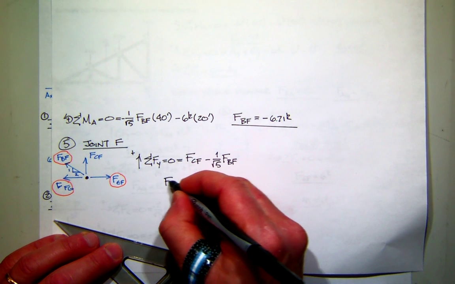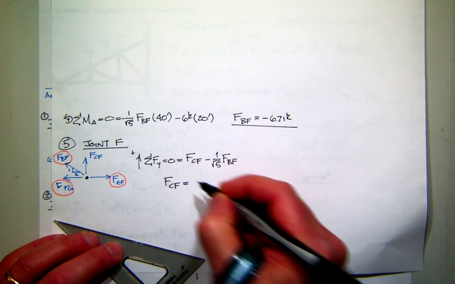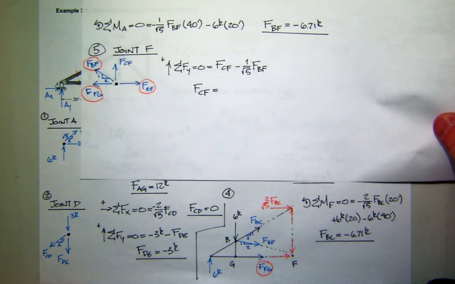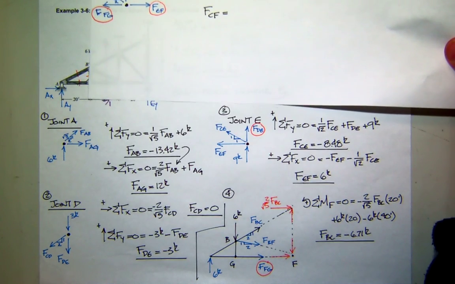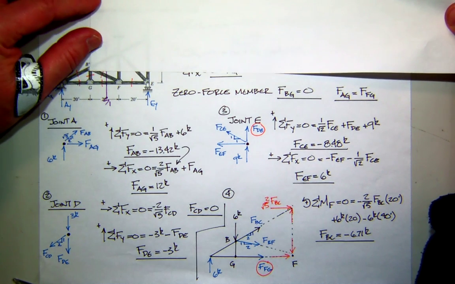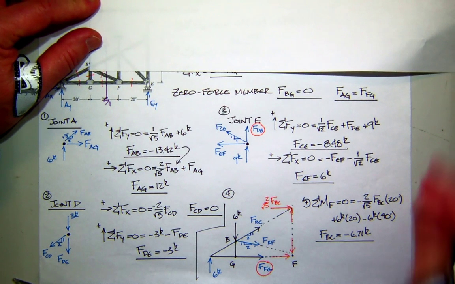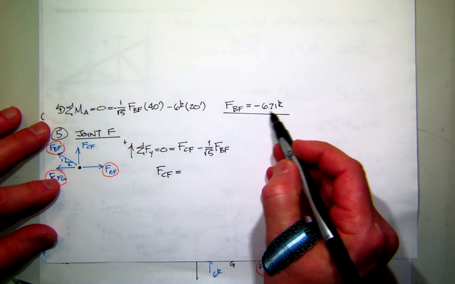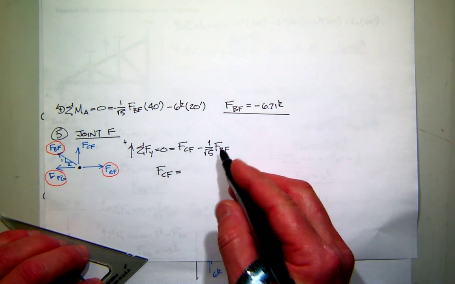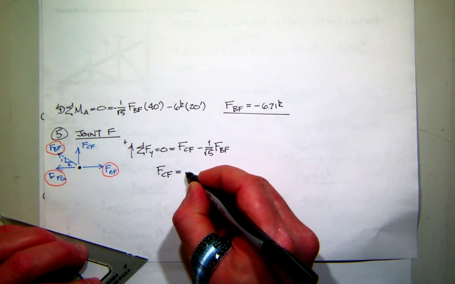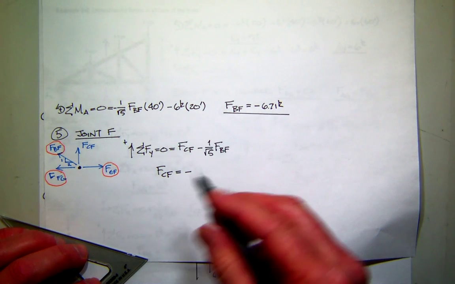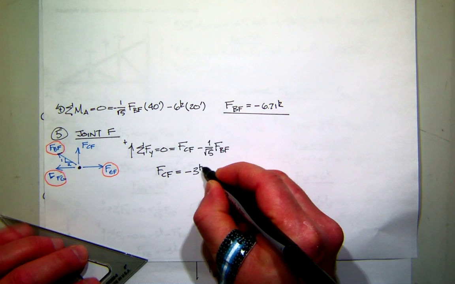So it looks like the force in CF is going to be whatever that is. And we saw for BF before, didn't we? Where is that? Way back at the beginning? No, we just saw it here, sorry. Negative 6.71. So plug that in there, and what do you get? Divide that by the square root of 5. Do you get 3? And it's negative.